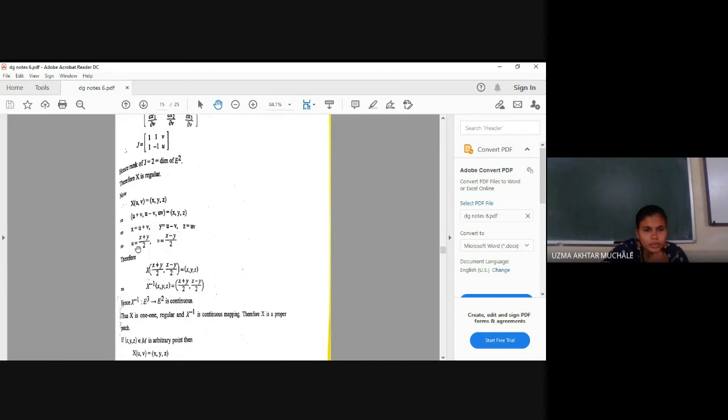You will get u is equal to x plus y divided by 2, v is equal to x minus y divided by 2. But we have the third variable, z is equal to u into v. Now just multiply u into v, u into v is equal to z. So z is equal to x square minus y square divided by 2.